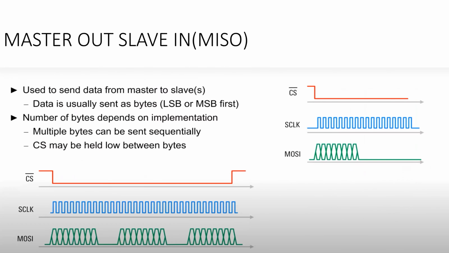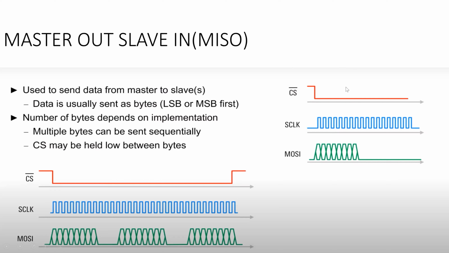Coming to master out slave in, the MOSI line, it is the line where we are transferring the data between the master and the slave. The master will transfer the data using this line. There will be the chip select. Whenever the chip select line goes down, when the master pulls the line to low, that is the time the master wants to communicate with the slave.